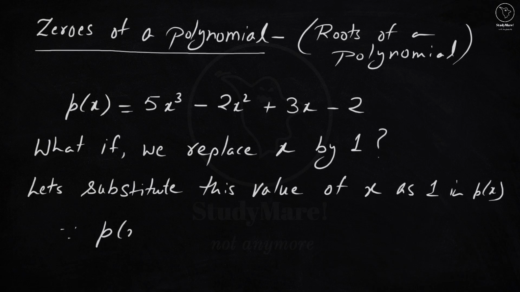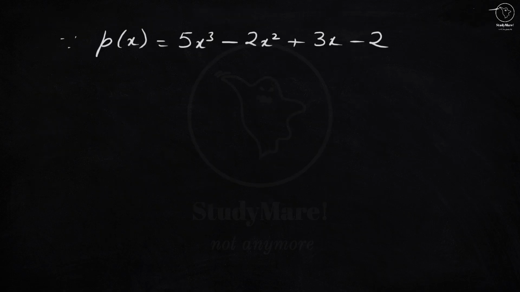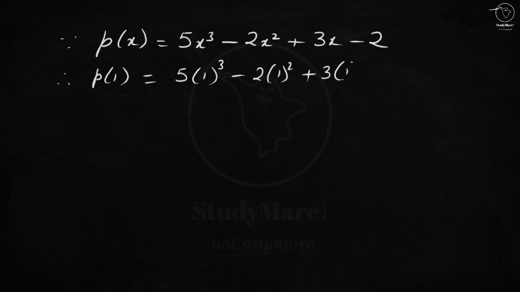Since p(x) is equal to 5x cube minus 2x square plus 3x minus 2, therefore p(1) is equal to 5 into 1 cube minus 2 into 1 square plus 3 into 1 minus 2. Now you see, we have simply substituted the value of x as 1.